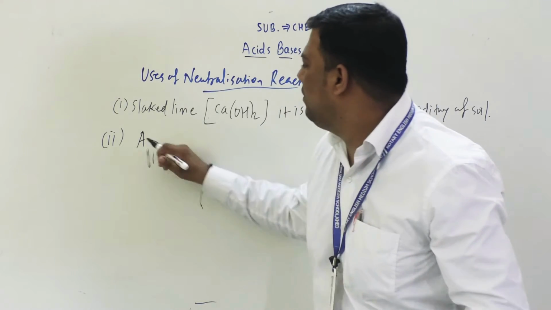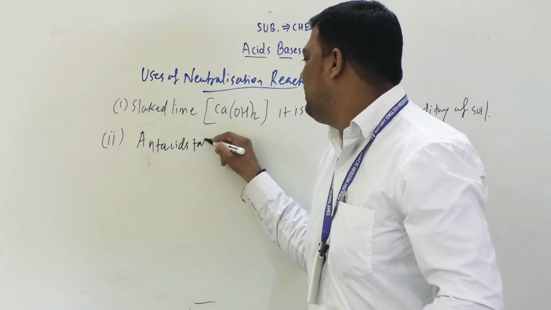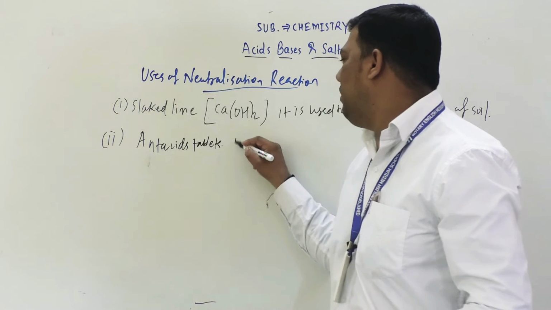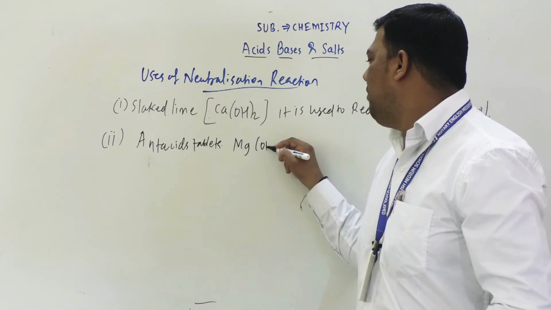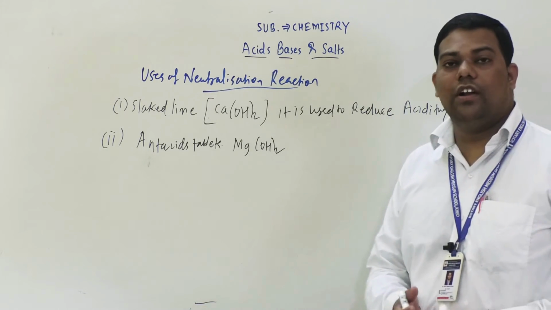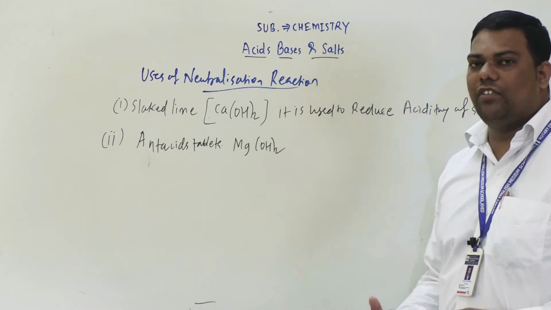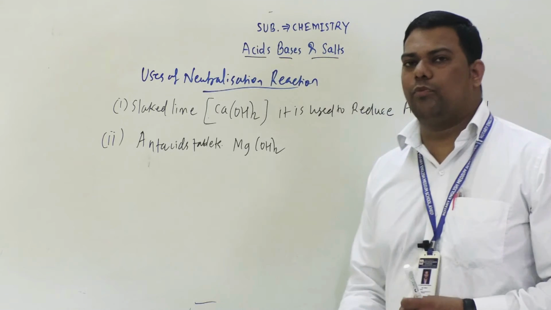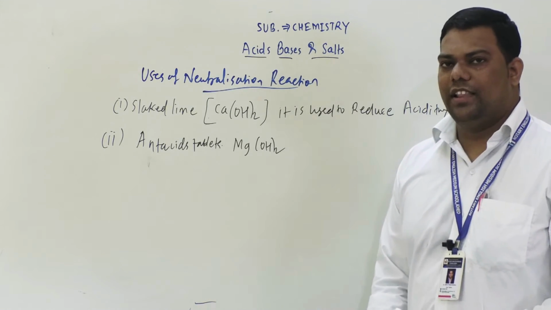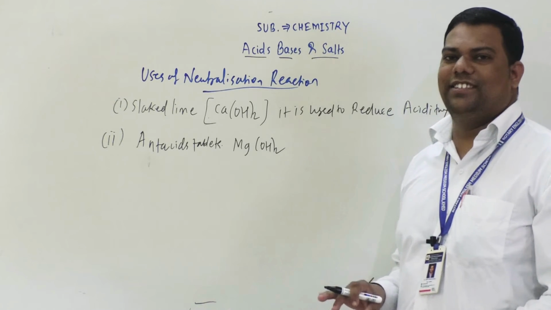Antacid tablets contain magnesium hydroxide. It is used to treat the excess HCl produced in our stomach. With the help of Mg(OH)2, we can neutralize that acid.